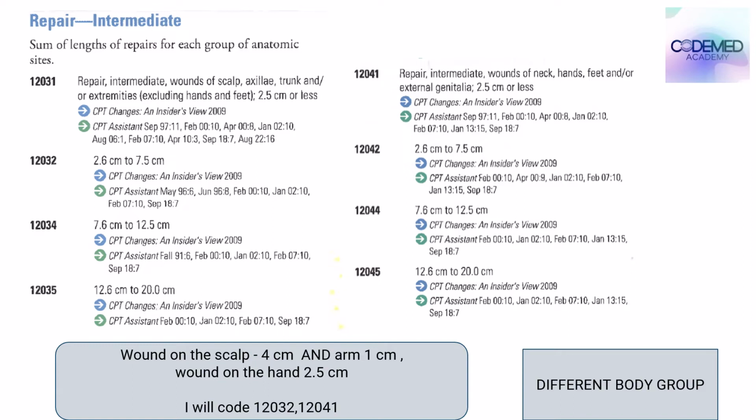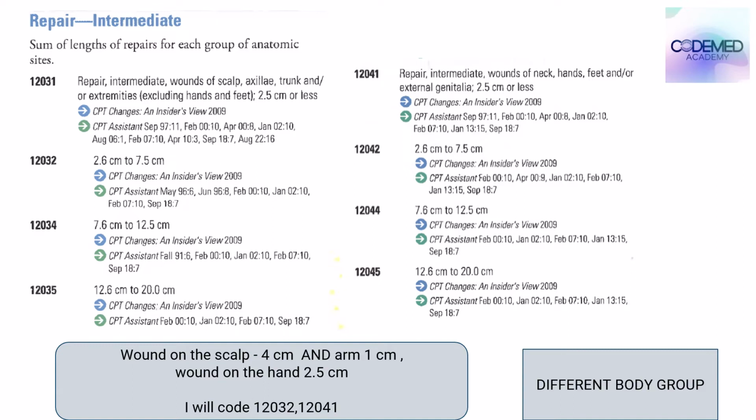All these are by the intermediate closure. So 4 centimeter is the scalp and arm. Now here they have said trunk and/or extremities excluding the hands and feet. So arm is the extremity but it does not include the hands and feet. So 4 plus 1 centimeter I can add because this is the same group.